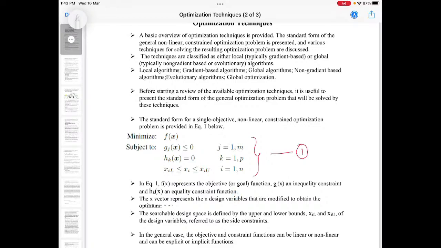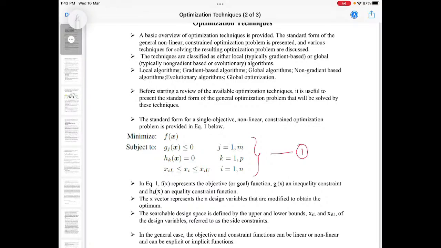The vector x represents the n design variables that are modified to obtain the optimum. Let us treat this x as a vector, and the x vector represents the n design variables that are modified to obtain the optimum.